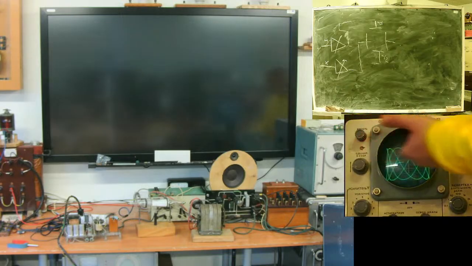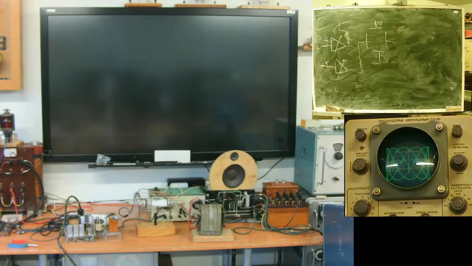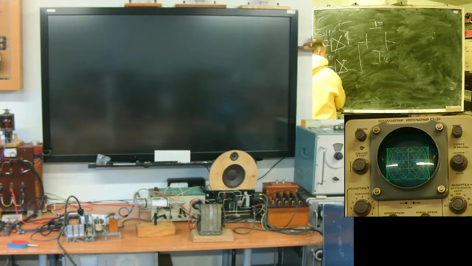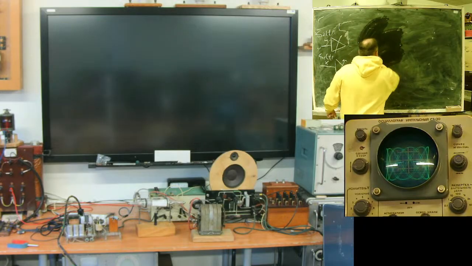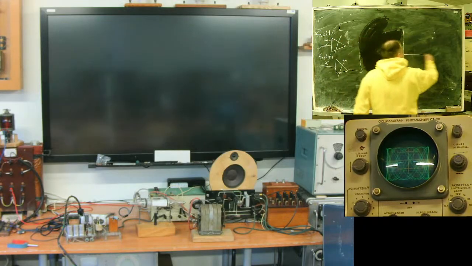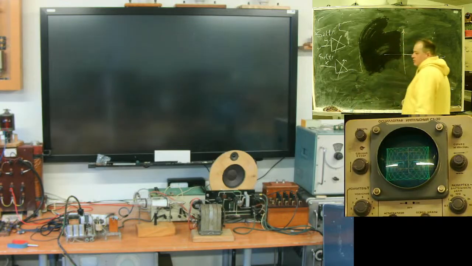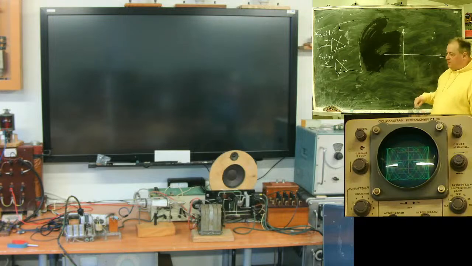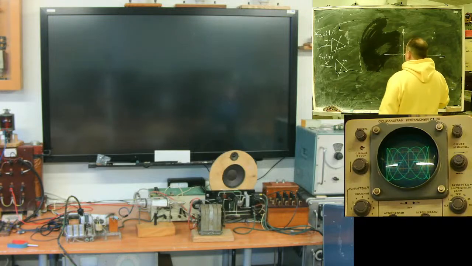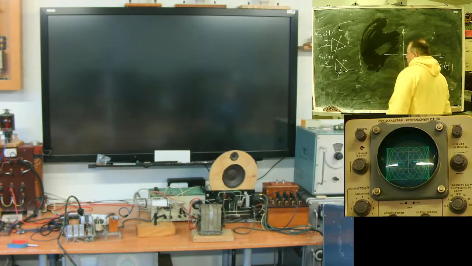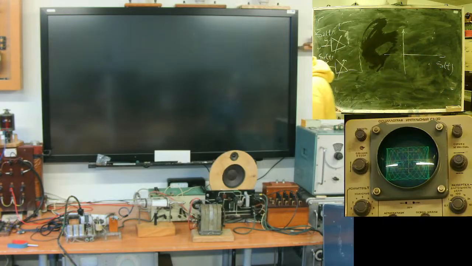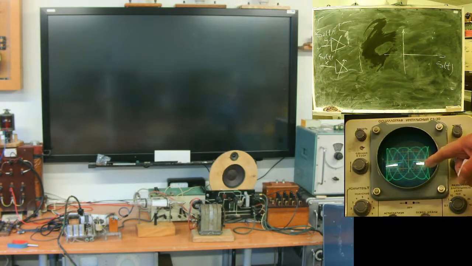Yeah, we have coordinates here, X, Y. What sets horizontal movement? The first signal. And what do we see on vertical? The second signal. But what is this green figure, if it would be a chart?